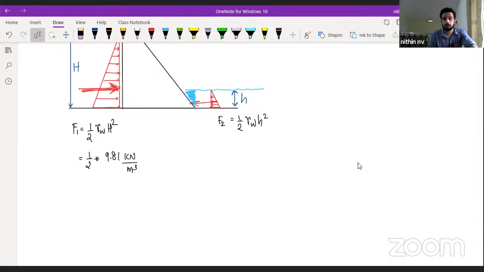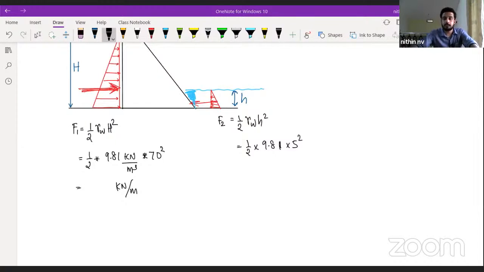Sometimes they will tell you in the question to take it as 10. Multiply with 70 square. Please tell me how much it is. Similarly, here also we can calculate 9.81 into 5 square. We are going to get something in kilonewton per meter. That meter stands for meter length, we are seeing the cross section per meter length.